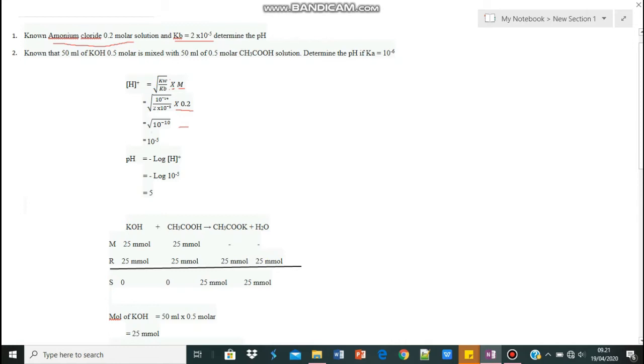The root of this is 10 to the minus 5. So we can insert the concentration of H plus here.